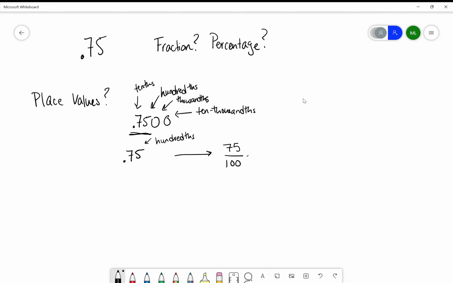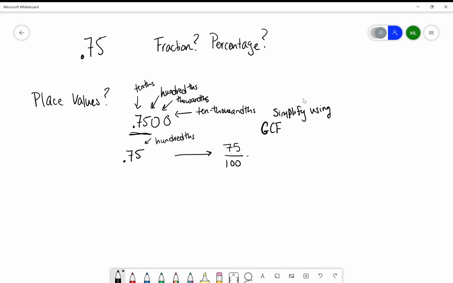Again, let's use how to simplify fractions. What number goes into 75 and what number goes into 100? You're looking for the greatest common factor. So you have to simplify using the greatest common factor. Now, what's the greatest common factor that goes into 75 and 100?